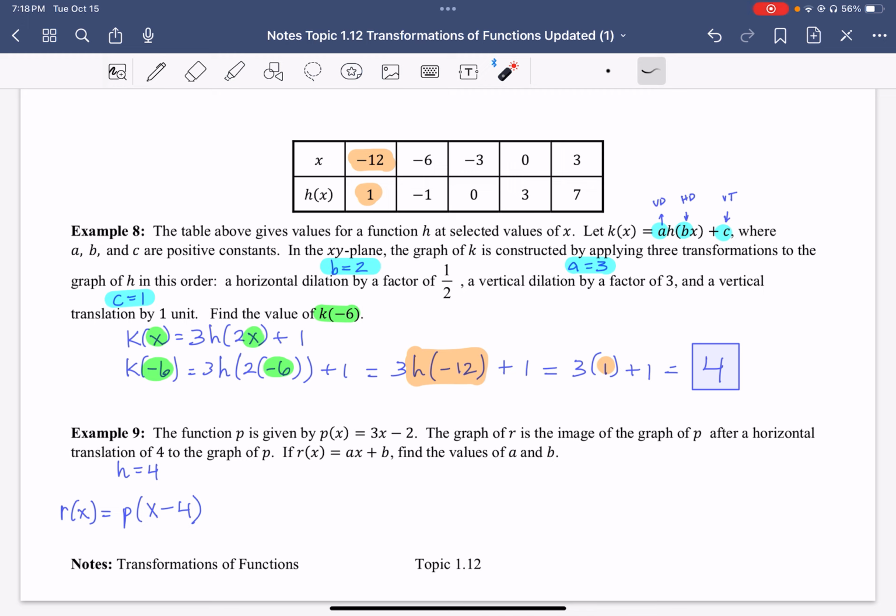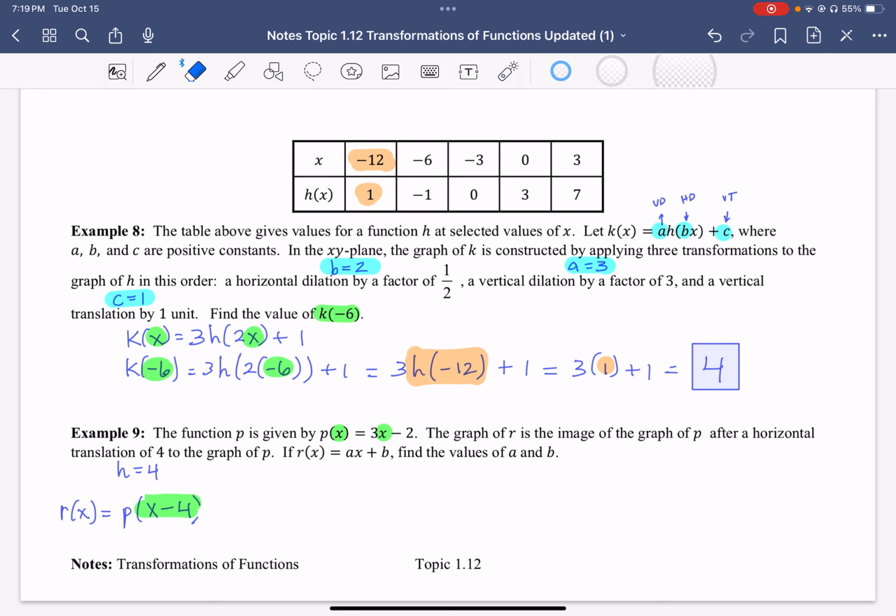All they said was we're going to the right 4 units, okay? So what I'm going to do is similar to what we did in the other one, which is that we're going to plug in x minus 4 into these x's here. Now, it looks more complicated, but it's the same process as up here. Just that instead of plugging in a singular number, we are going to be plugging in an expression. We're going to be plugging in x minus 4.